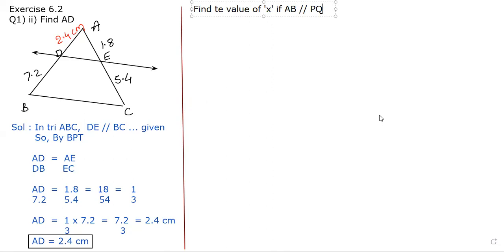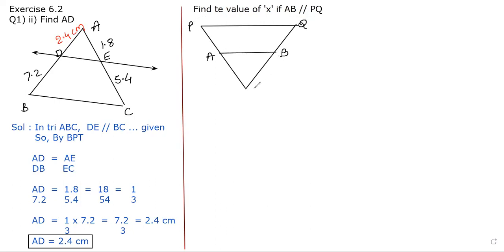We have this triangle given to us. AB parallel to PQ is given to us. The lengths are 3x minus 5, x plus 3, x and 3x minus 2.